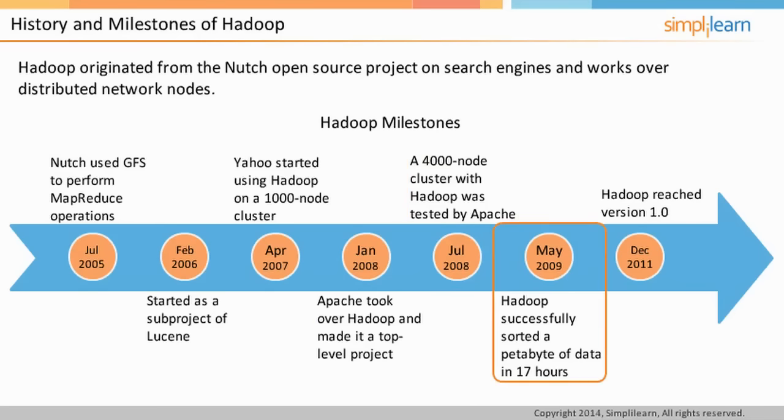In May 2009, a test revealed that Hadoop successfully sorted a petabyte of data in 17 hours. Hadoop reached version 1.0 in December 2011. It is completely open source and written in Java. In the next screen, we will discuss how organizations are using Hadoop.